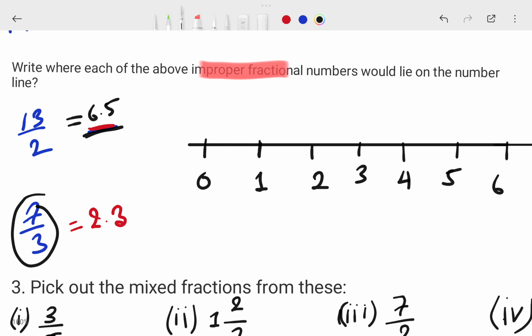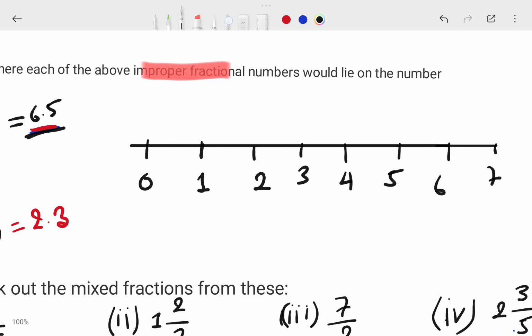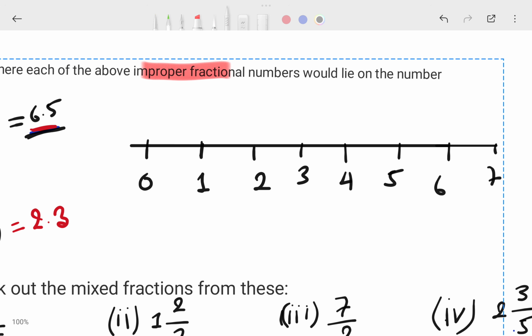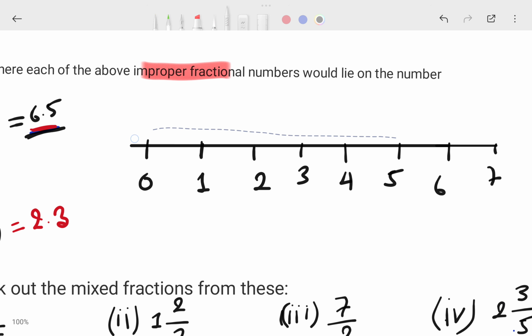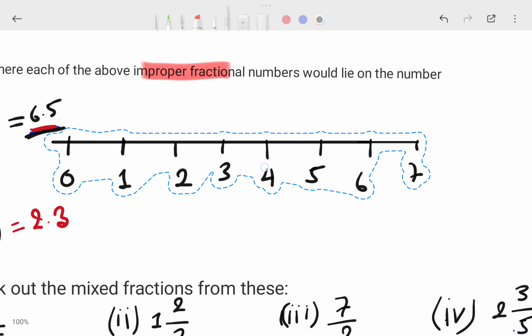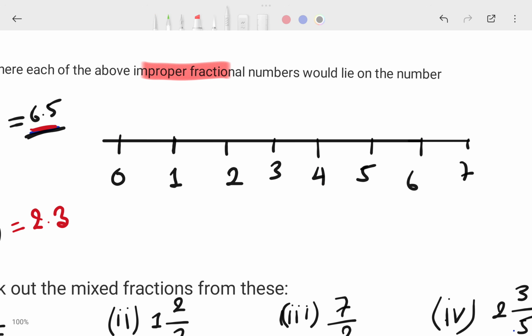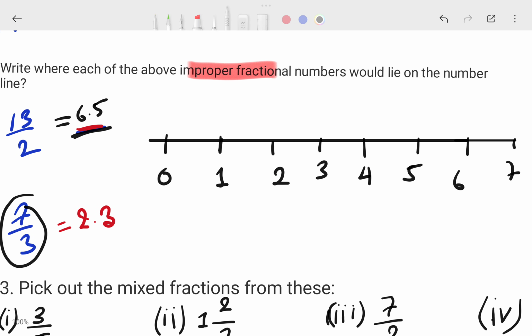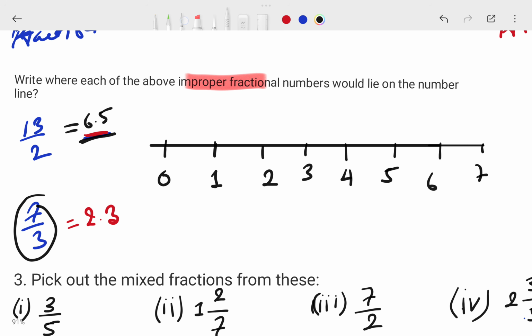Let's understand this question. So now let's see. Here we are looking at 6.5. Here 6 is there, and between the numbers we have 6.1, 6.2, 6.3, 6.4, 6.5, 6.6, 6.7.